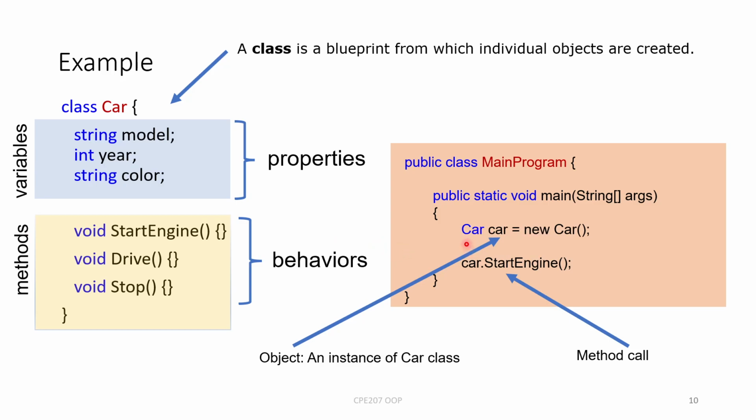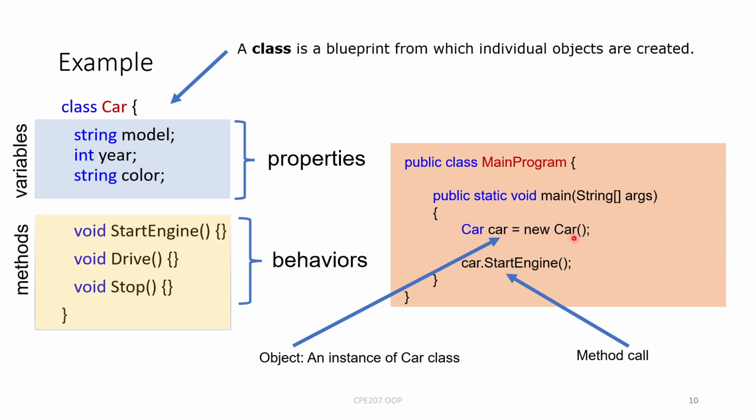So to create an object, we need to write the name of the class. For instance, when we create an integer value, we write integer. Here we have to write car, and then the name of your object. It's going to be an instance of the car class. Let's name it car, and then equal new car.